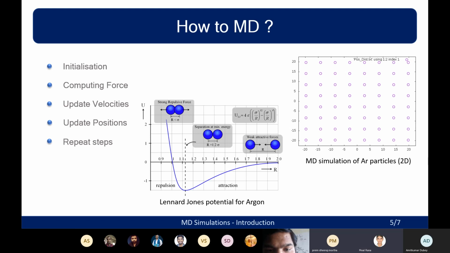But if my system needs to be at 25 degrees Celsius for about 5 minutes, or maybe some nanoseconds, then I can take the information from the Maxwell-Boltzmann distribution and impute velocities which are close to that distribution, so that my system is very close to the Maxwell-Boltzmann distribution corresponding to 25 degrees Celsius. In that case, my velocities are already very close, so I need not wait longer to attain equilibrium.